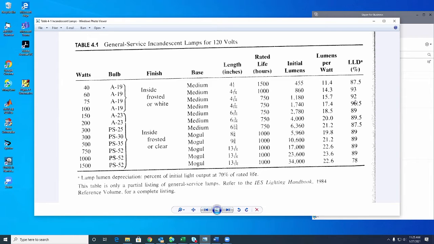So that means that after 30% of rated life, so after the lamp has been used 30% of its rated life, the lamp is going to emit fewer lumens.